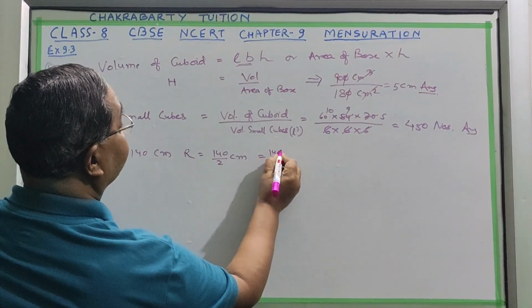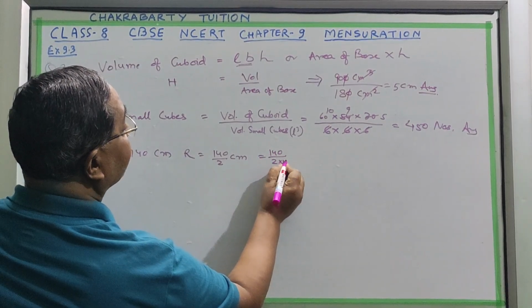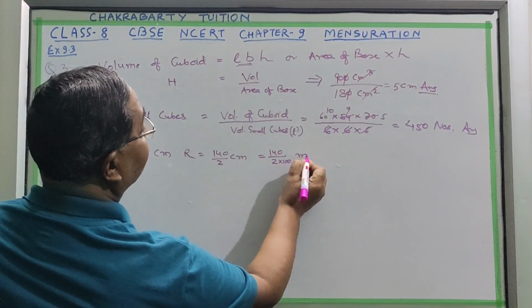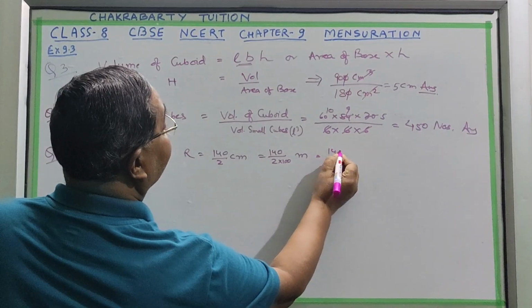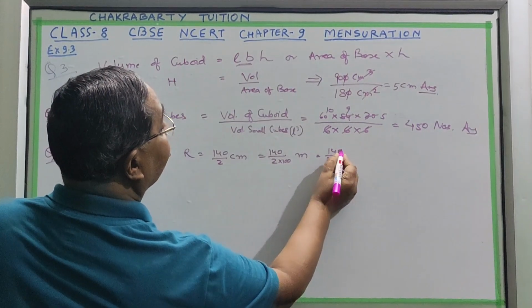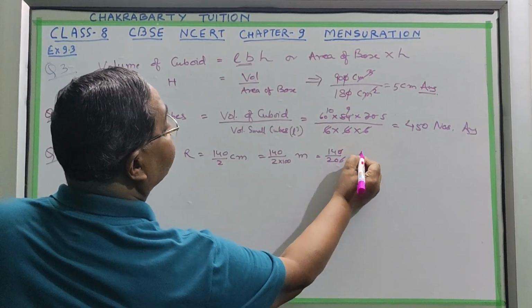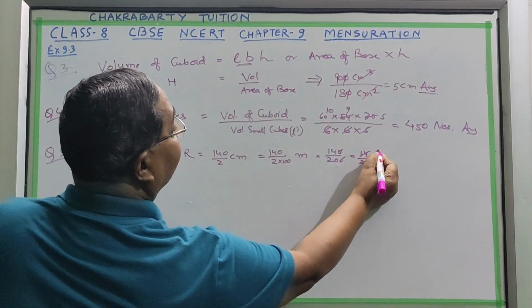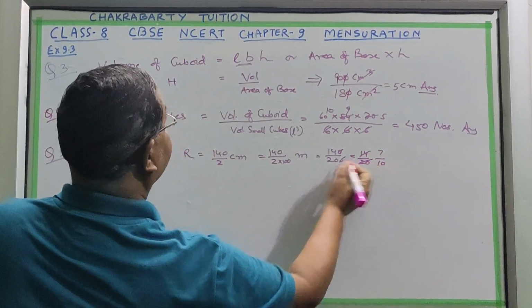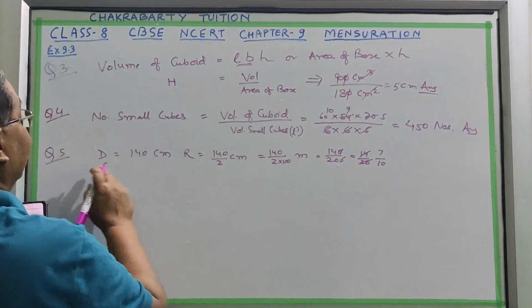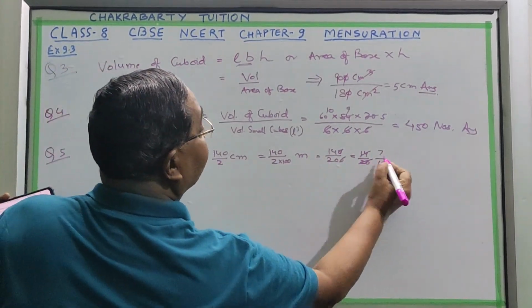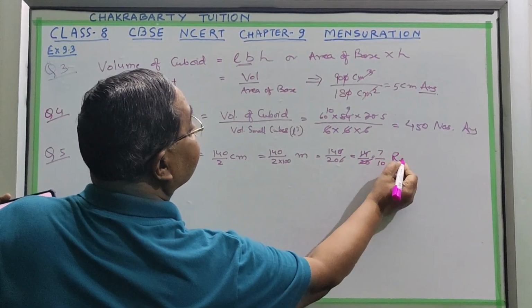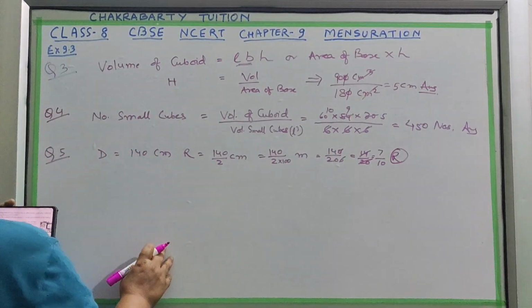So 140 upon 2 into 100 meter, which is 140 upon 200. We can cut this, 14 by 20, and again 7 by 10. 7 by 10 is your radius.